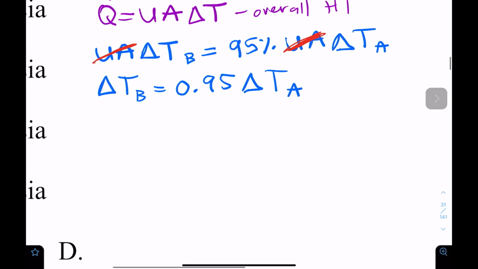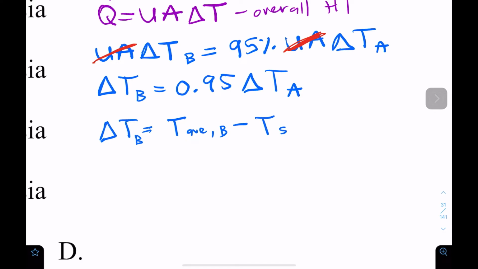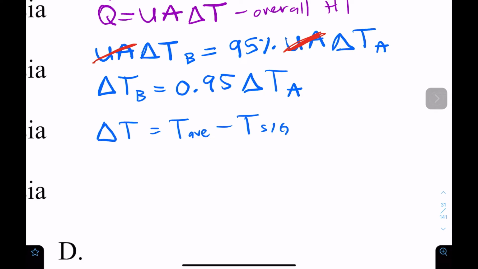My delta T is going to be equal to my temperature average before minus the temperature of my steam generator. Let's do this more simply: delta T is equal to my temperature average minus the temperature of the steam generator. And that's going to apply to both sides, to my before and to my after.